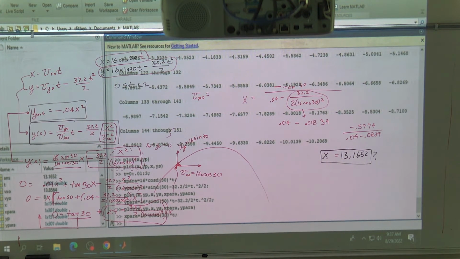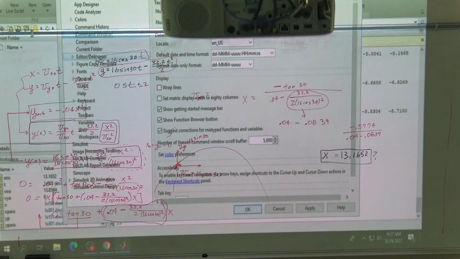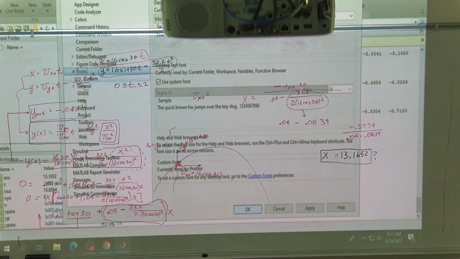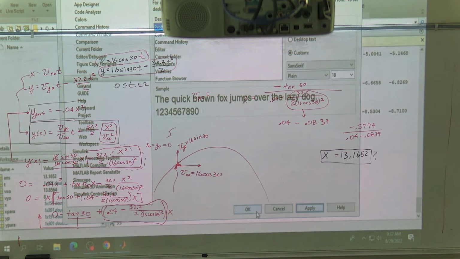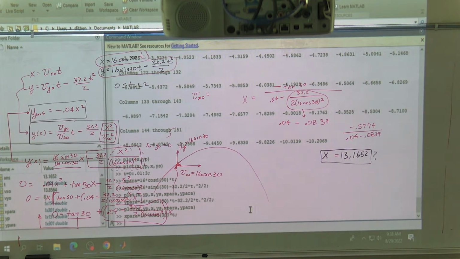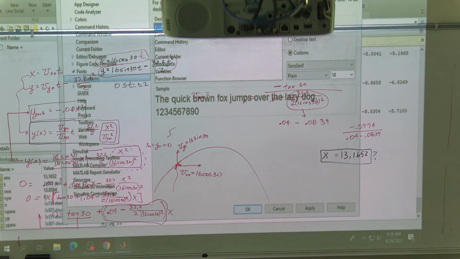So first of all, before I go any further, let me see, there is a preferences, and hang on, let me see, fonts. Can I increase the font size? Let's see what happens. Well, I did it, but nothing happened.